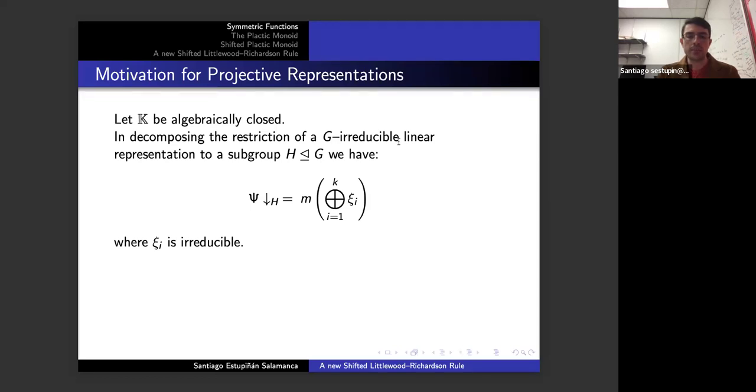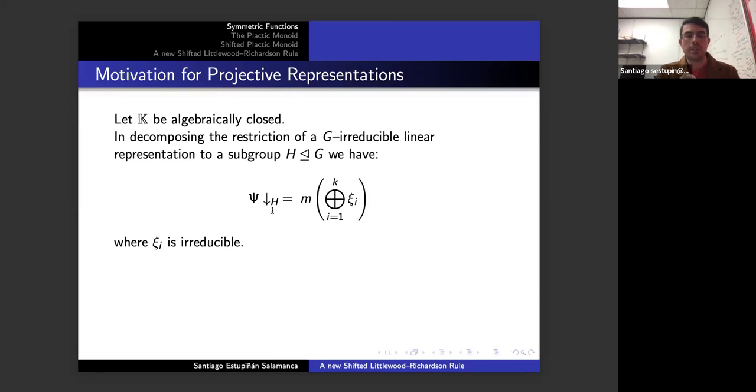And one way of studying this problem is by breaking up your representation, restricting this representation to a subgroup that is smaller, and in particular it has to be normal, but the important thing is that it is more tractable because the subgroup is smaller.